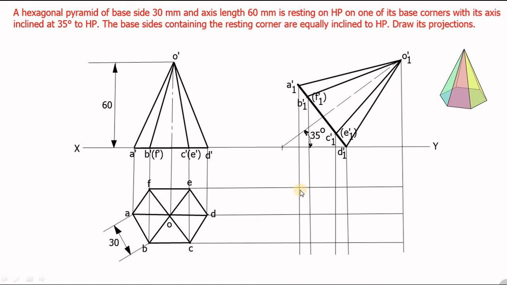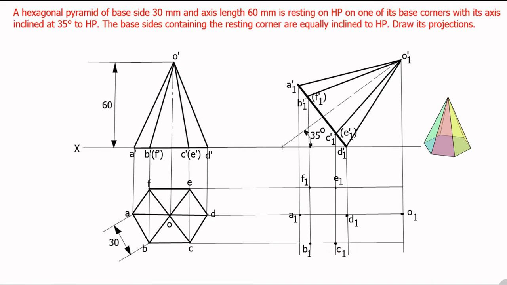So now mark all the meeting corners. So A1 dash and A will meet at A1 here. Similarly B1 dash and B will meet here at B1. Okay. So likewise O1 dash and O will meet here. Okay. So these are all the different meeting points. So let us name these points as A1, B1, C1, D1 and this as O1.